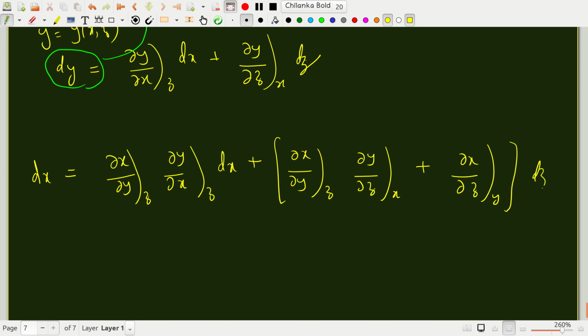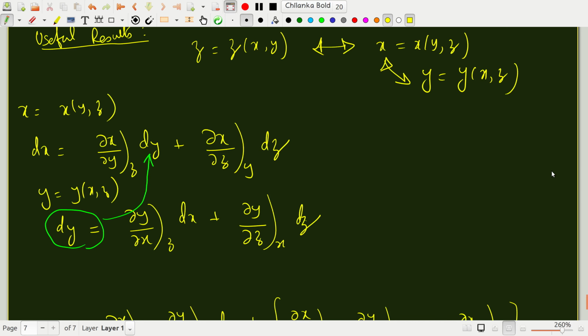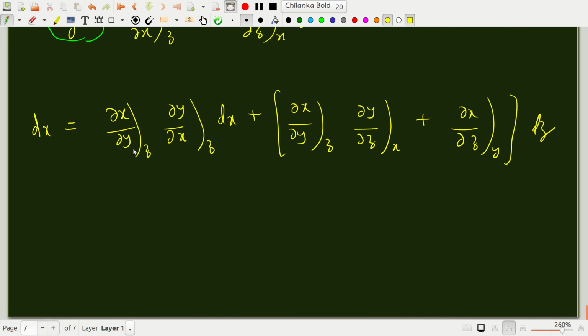This is just rearranging terms after substituting dy from this expression to this expression here, and collecting terms. There's nothing more that I've done, so you can try this yourself. It's fairly straightforward.